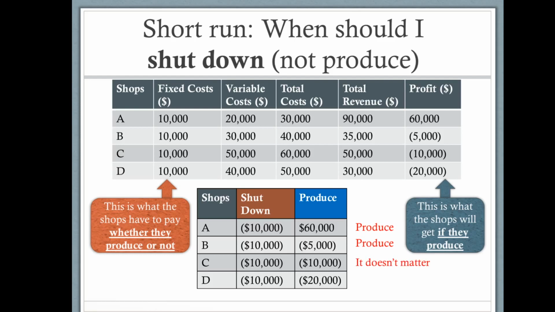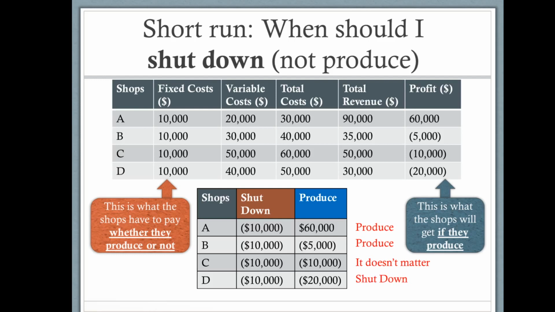Whether you shut down or produce, you are going to get the same result. But for shop D, obviously you are not going to produce in the short run, because if you produce, you are going to lose $20,000, and if you shut down, you only lose $10,000. So you will decide to shut down your shop if you are shop D.